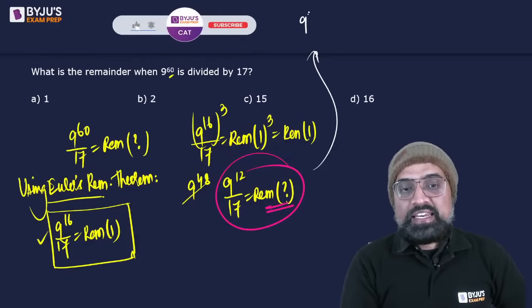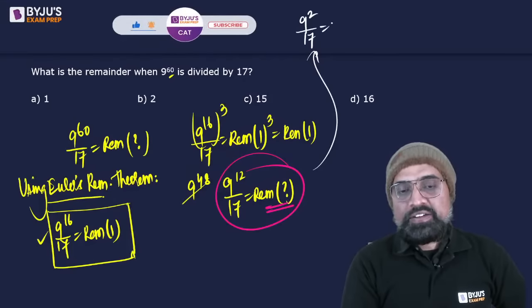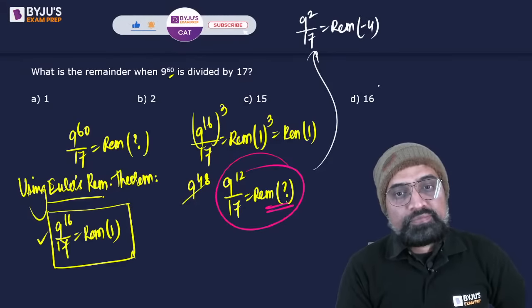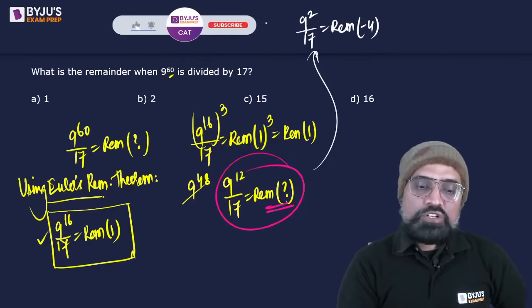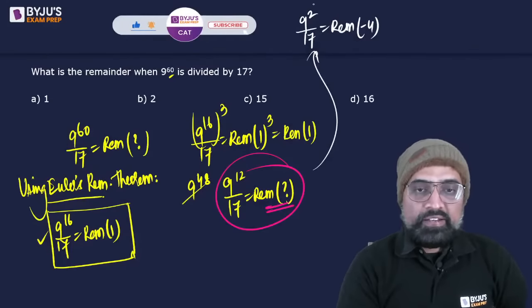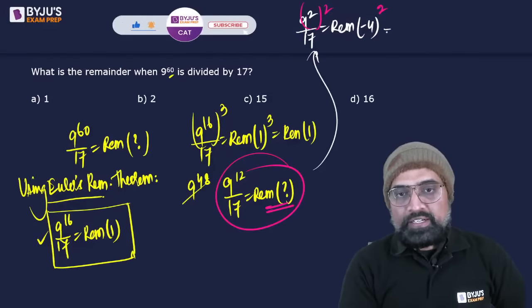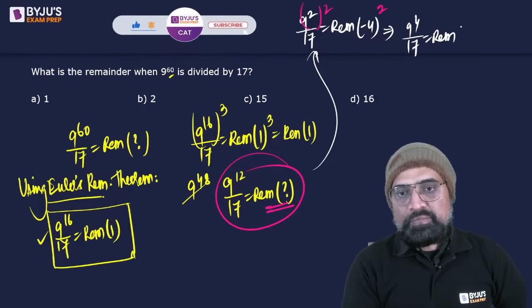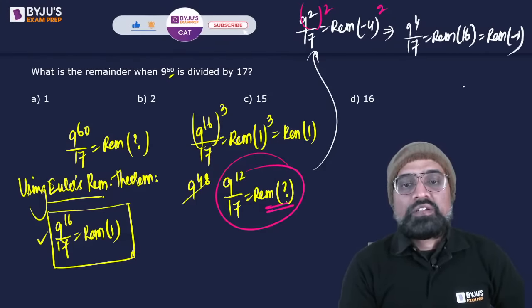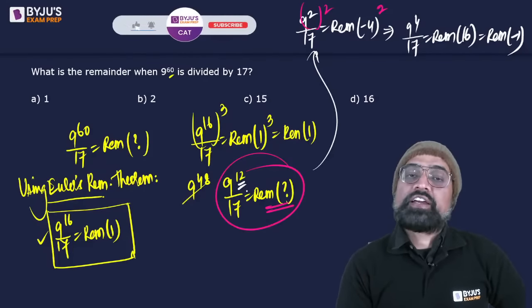So we can say 9 square when divided by 17 will give us the remainder of -4. Going by the same logic, if we square on both the sides, we are going to get 9 to the power 4 when divided by 17 gives us a remainder of 16, or we can say remainder as -1. But I need 12, not 4.